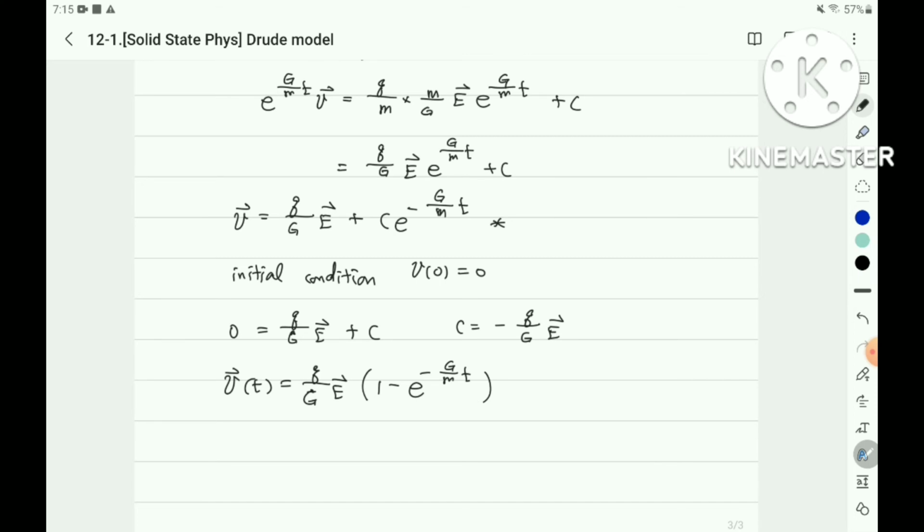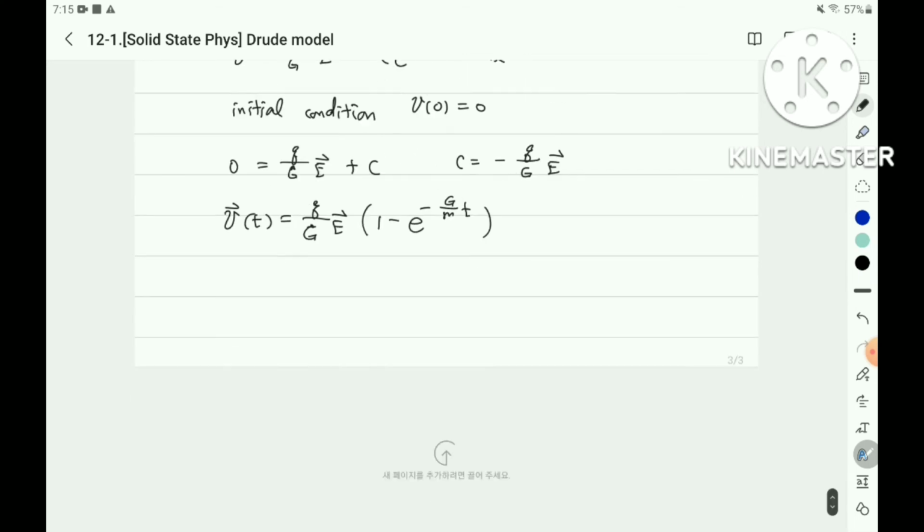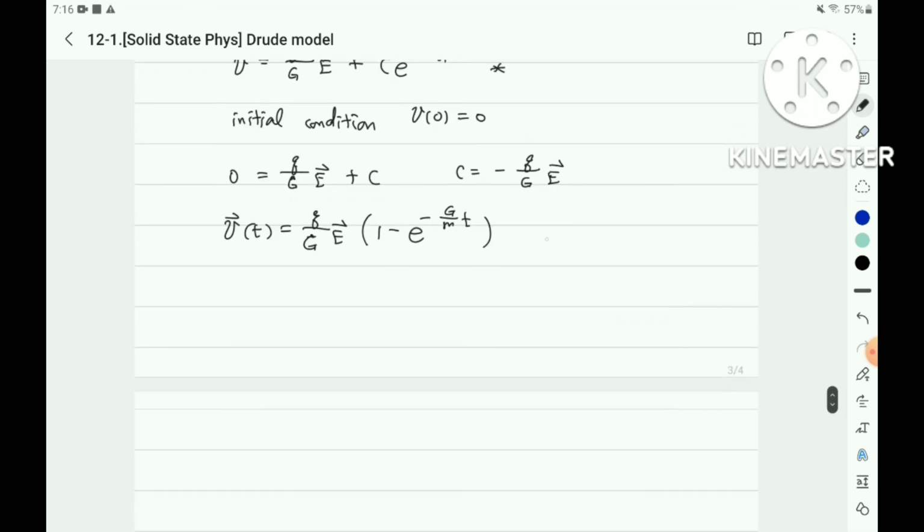And here, the velocity starts from zero, and in the plot of v versus t there is a saturation value. It saturates like this, at qE/g. Without collisions, without a drag force, the electron velocity increases with time and could reach the speed of light. But scattering produces a drag force, and it saturates.